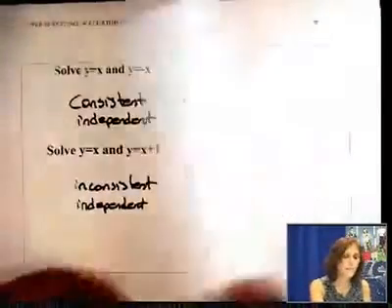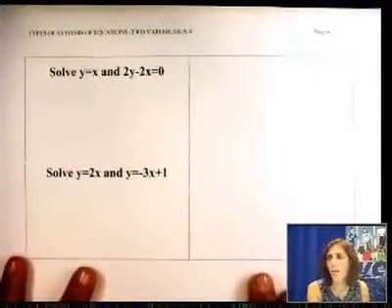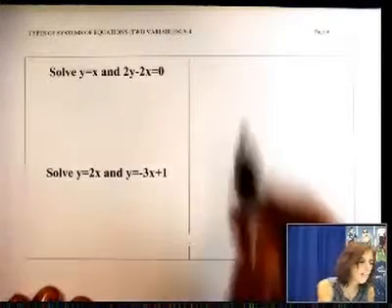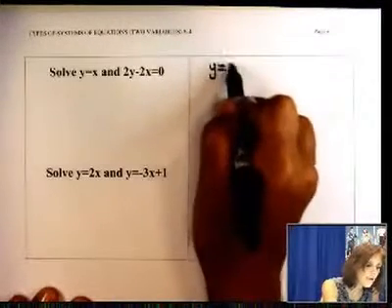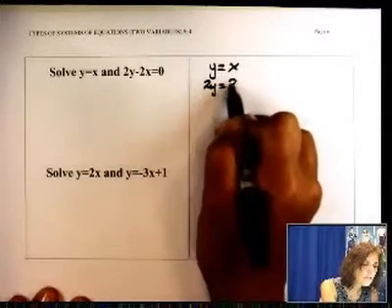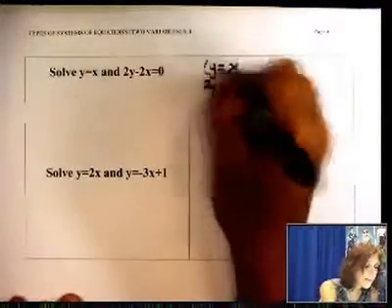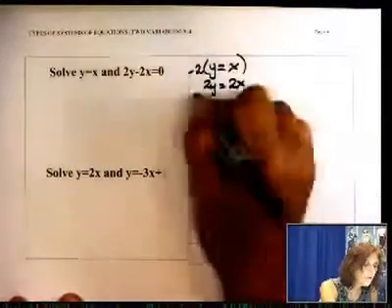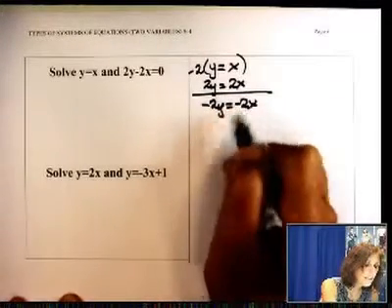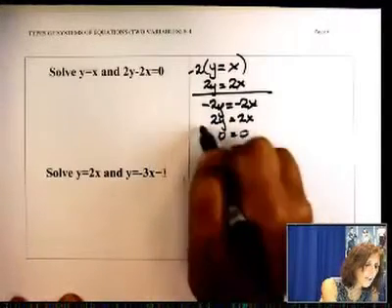Very good. Let's do two more. y equals x and 2y minus 2x equals 0. So let me do this right here. I'll move the 2x to the right. 2y equals 2x. All right. Let's use addition method. So I have negative 2y equals negative 2x, 2y equals 2x. 0 equals 0 when I add them up.